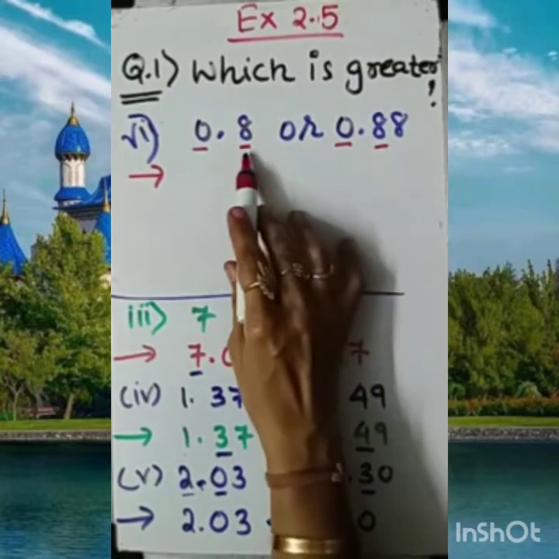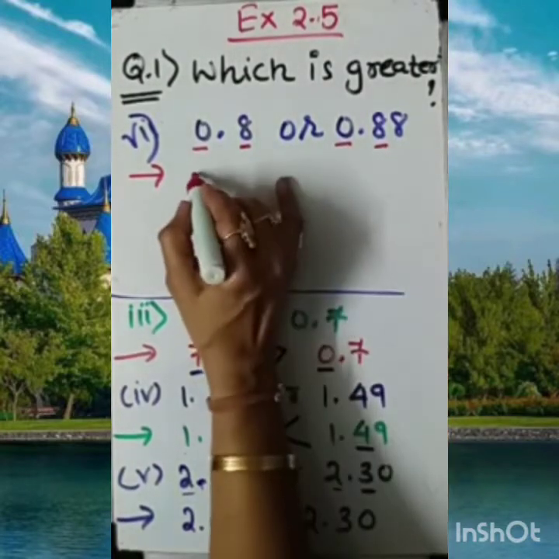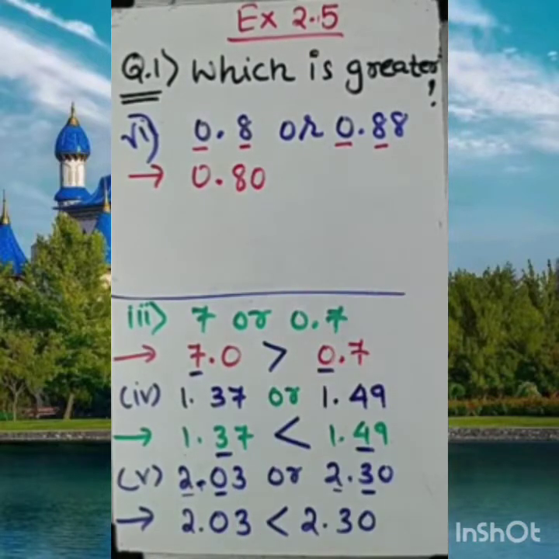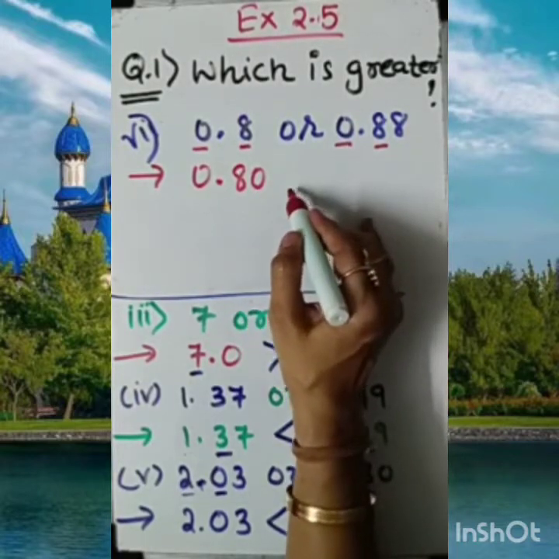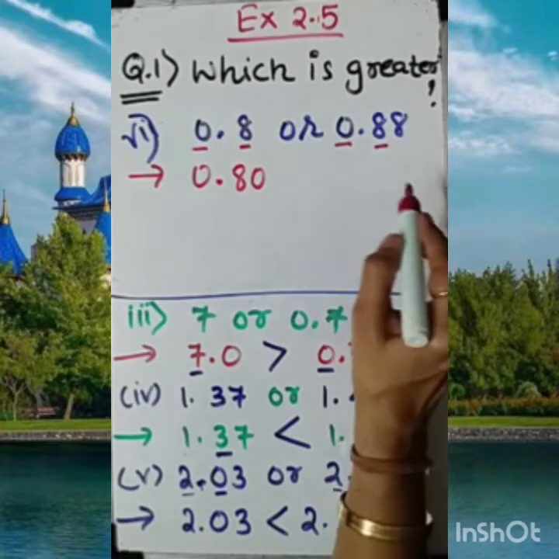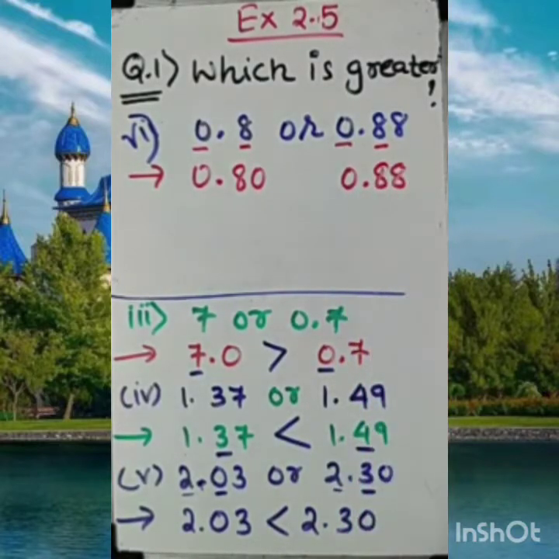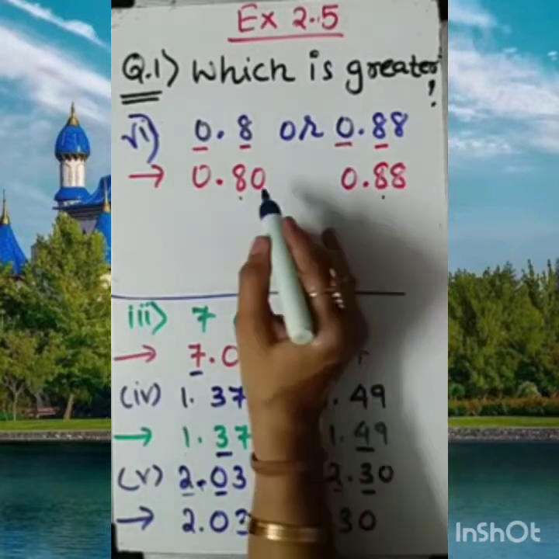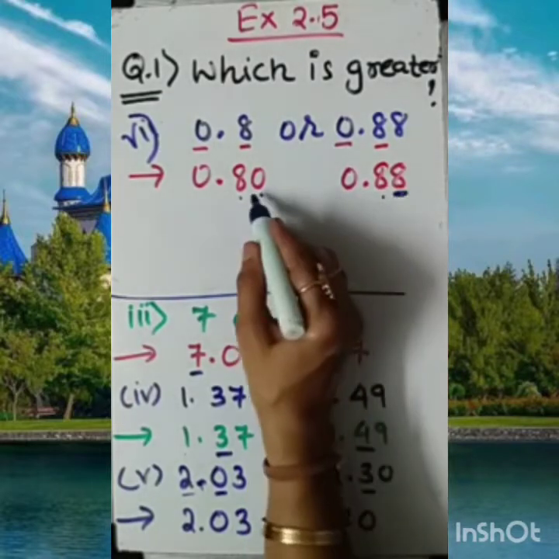In such a case, we have to convert them into like decimals. For that we need to work on this 8, so I can write 8 as 80. Whatever decimal place is missing after this digit, we can put 0 in place of that. And this side we are having 0.88. Now if we compare immediately after the decimal, this is 8, similar. This is 0 and this is 8. So of course 8 is bigger than this.